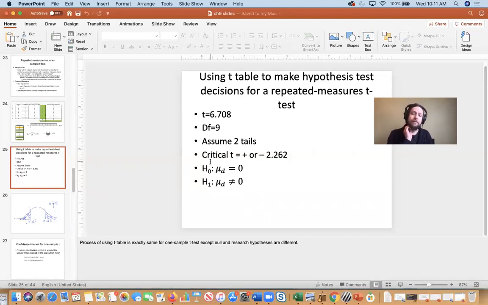So if the infant spends the same amount of time looking at each type of face, then when you subtract the time looking at each condition, the attractive minus the unattractive condition, on average you should get mu sub D equals 0. The difference score should equal 0 if there's no difference in the amount of time the infants spend looking at attractive and unattractive faces. The research hypothesis is that mu sub D does not equal 0.